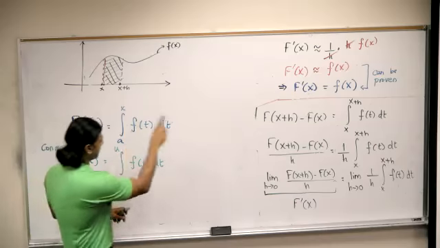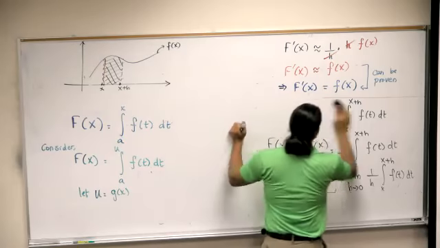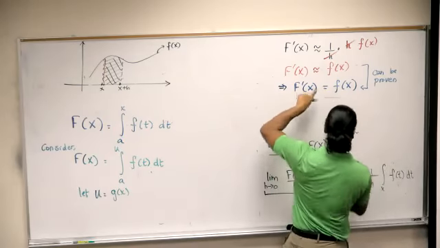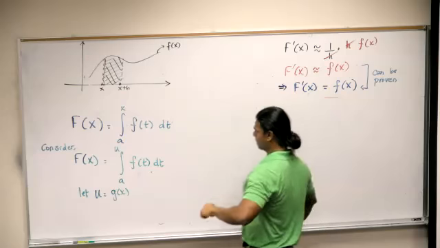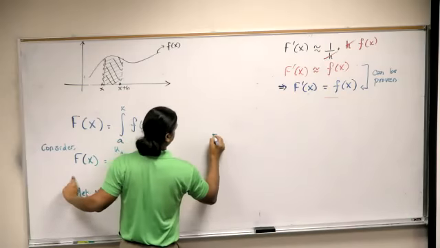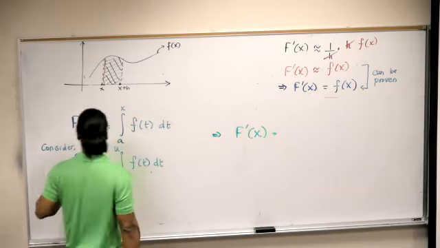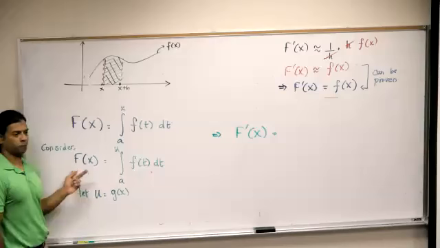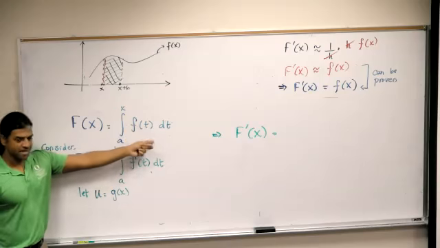Now, if I use the theorem, I want you to tell me what f prime of x will be. Instead of a to x, that gave me f of x.